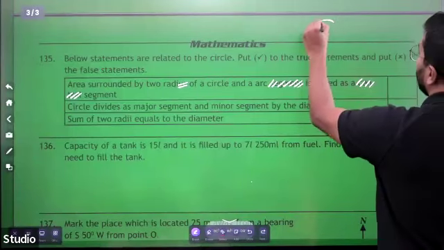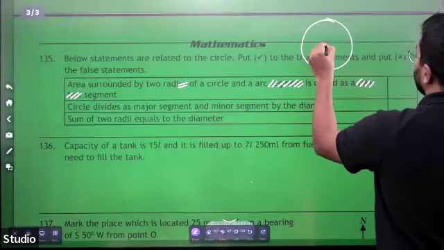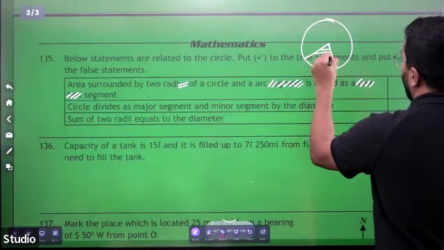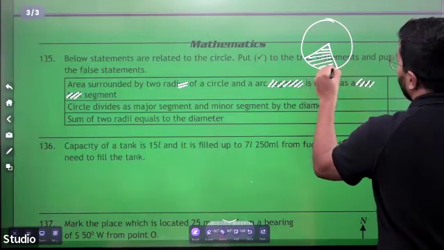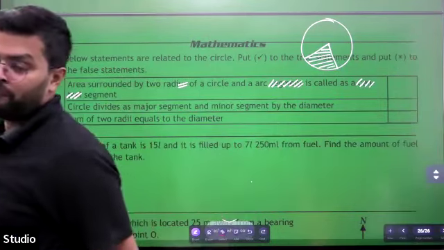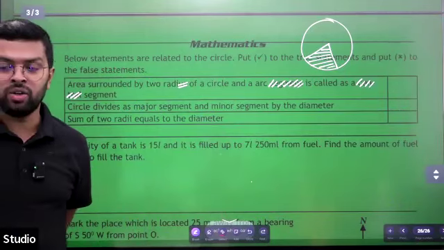Now tell me whether it is right or wrong. So we have a circle, the area bounded by two radii and an arc. We say this is a segment. What do you say? Is that correct or is that wrong?